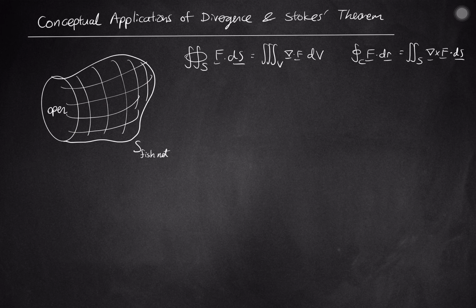One interesting thing you might be interested in is, well, there's a vector field through here. You might want to find out how much fish you can catch, assuming the fish are just following the fluid flow.